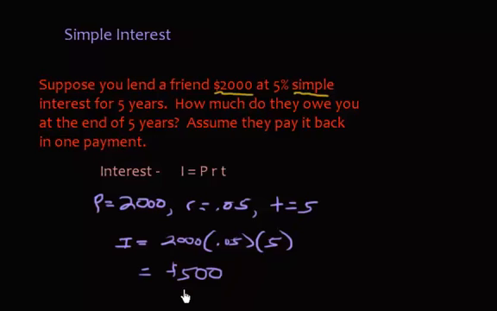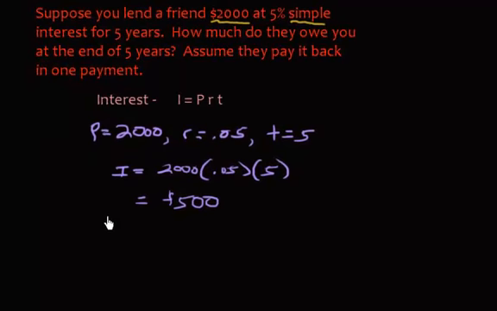Okay, so this is the interest, but remember that they also have to pay you back the original amount, and that's called the accumulated amount. Now we have a simple version of the formula right here, where the accumulated amount, which is the overall amount you owe, which we label as A, would be the original principal, the $2,000, and then plus the interest.